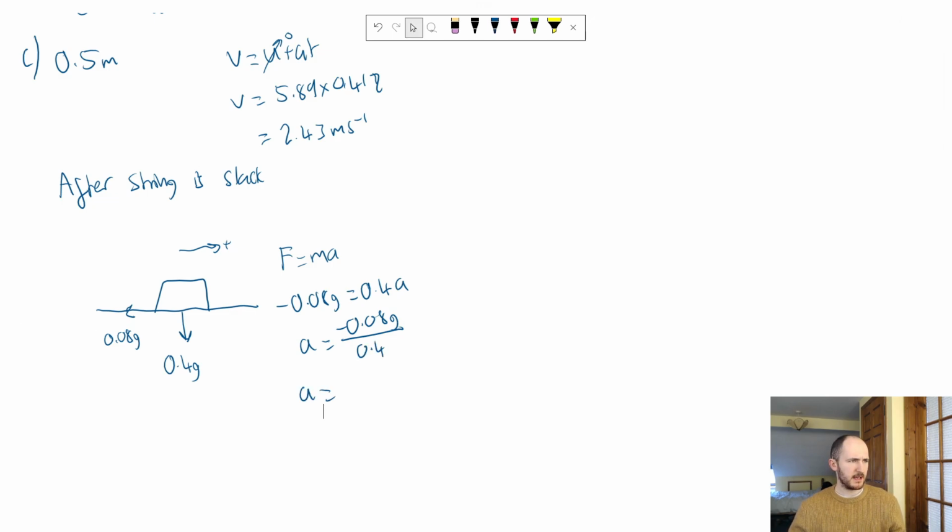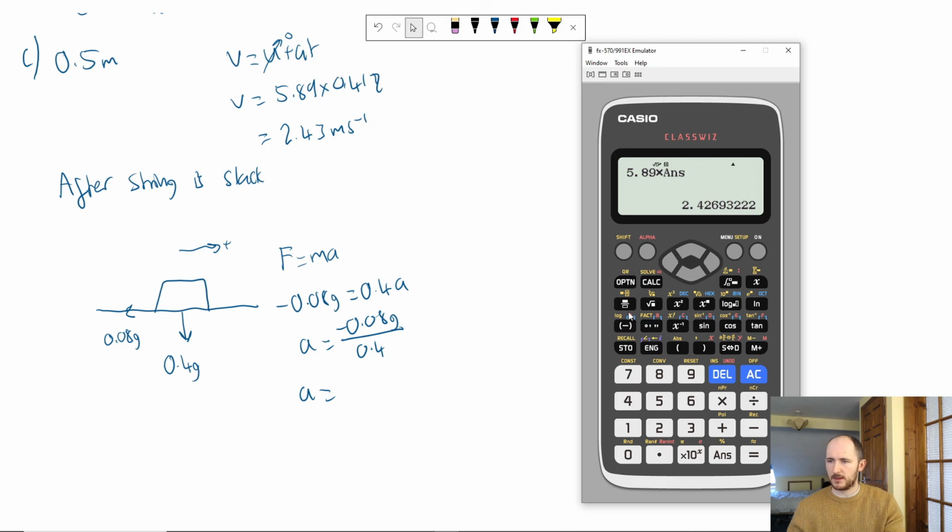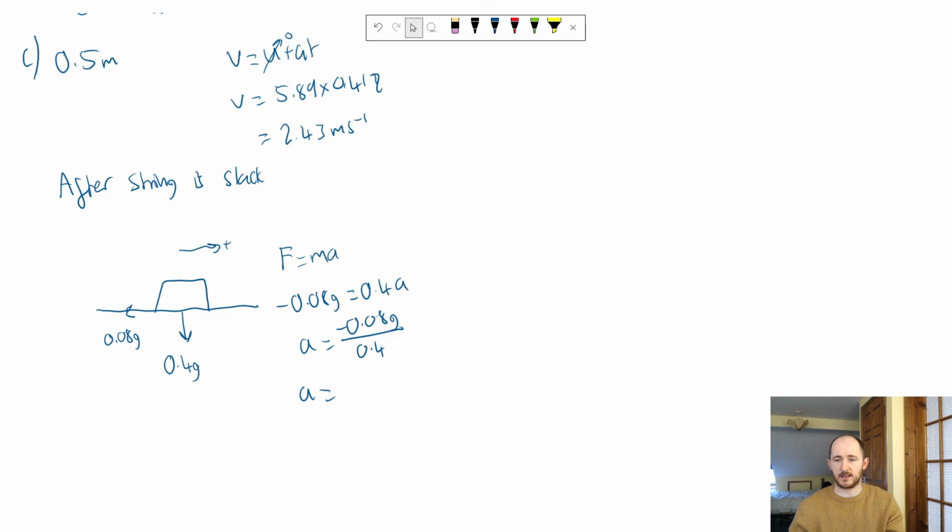Let's put that in brackets just to make sure everything goes well with the calculator. Over 0.4, and we get minus 1.96.